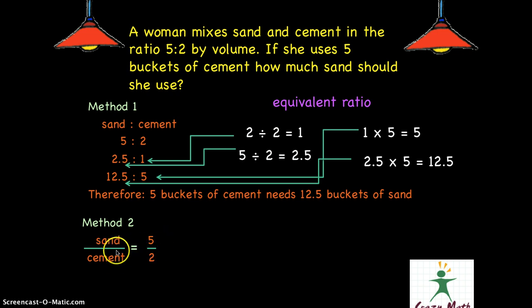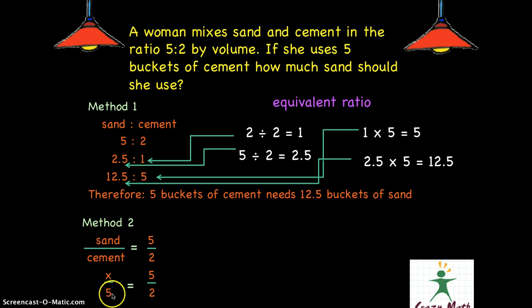Now, we know how much cement we have, but we don't know how much sand it's going to be. So I'm going to rewrite. I'm just going to copy 5 over 2 over there, but in the problem we don't know that, and that's what it's asking for. How much sand should she use for 5 buckets of cement?